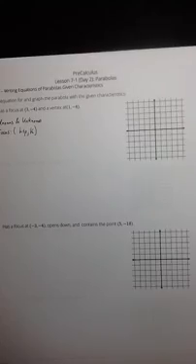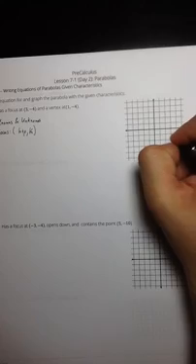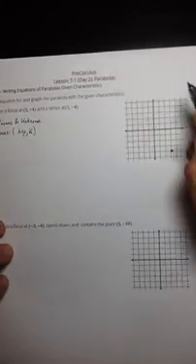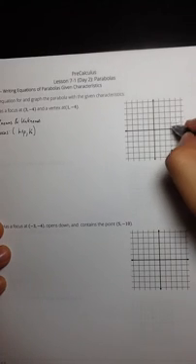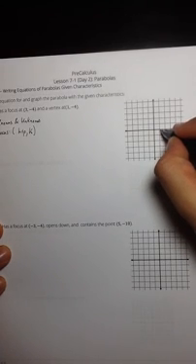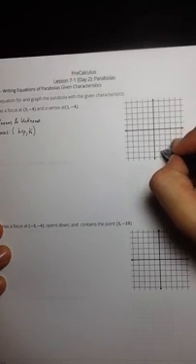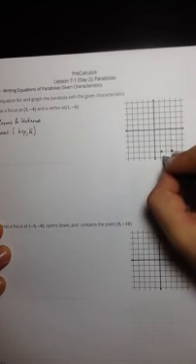The way I like to determine that is to graph it out. The focus is at 3, -4, so 1, 2, 3, and then down 4, about right there. Our vertex is at 1, -4, so right there.